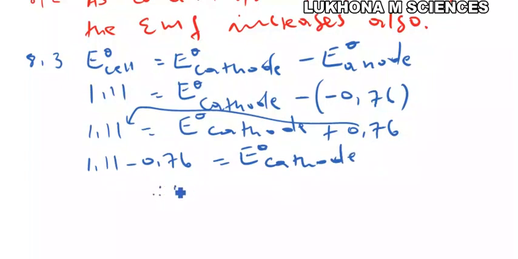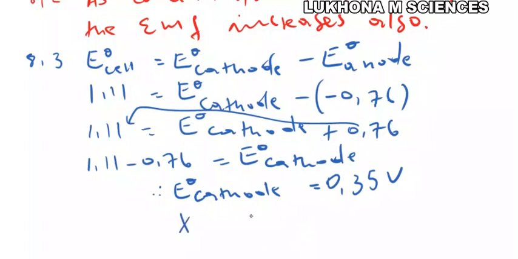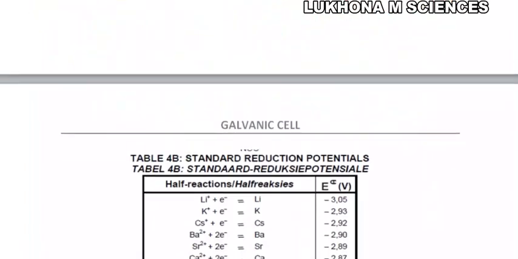Therefore, E naught of the cathode is equal to 0.35 volts. Then let's go to the table and look for 0.35. Let's go back.